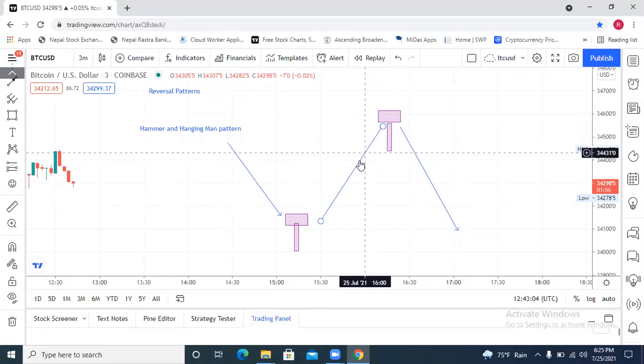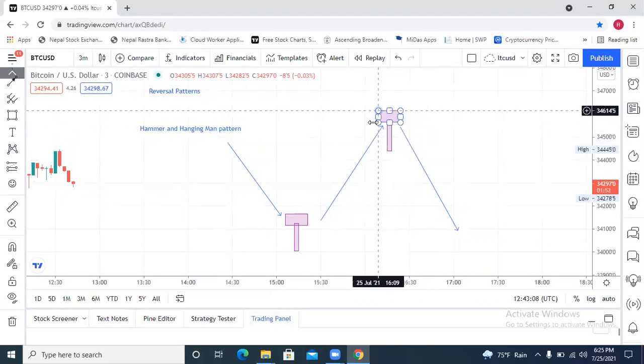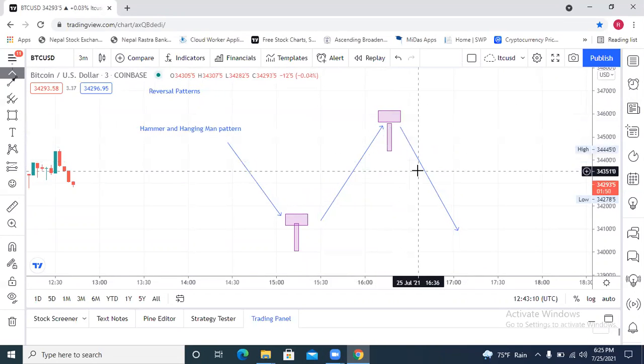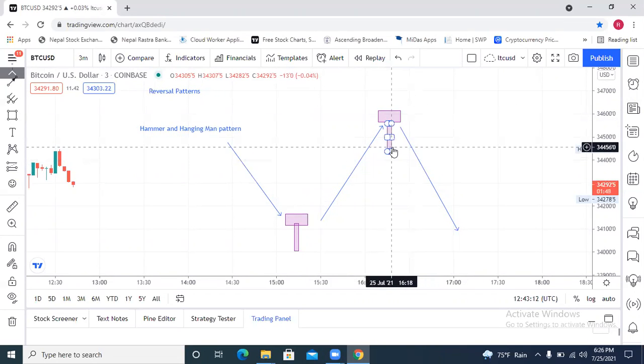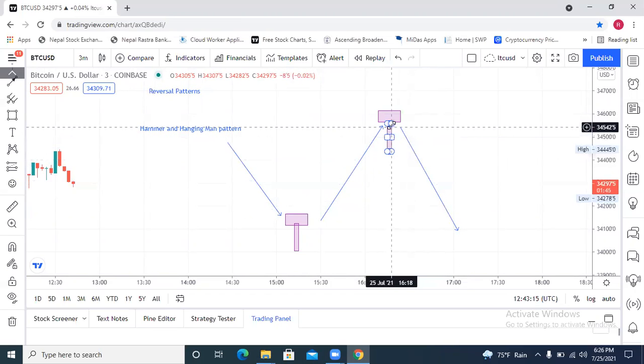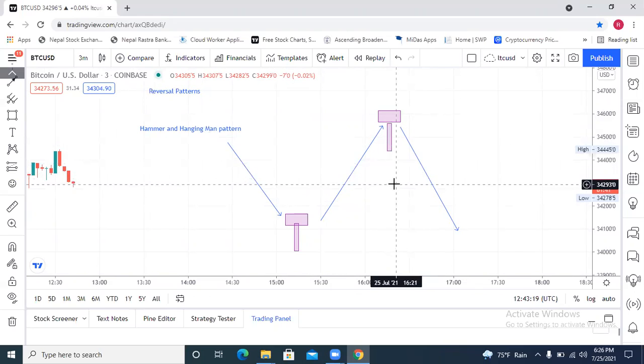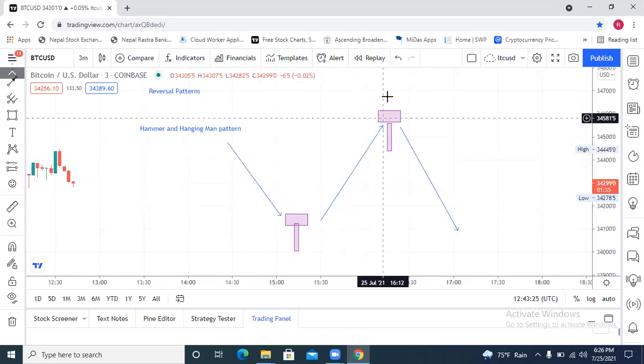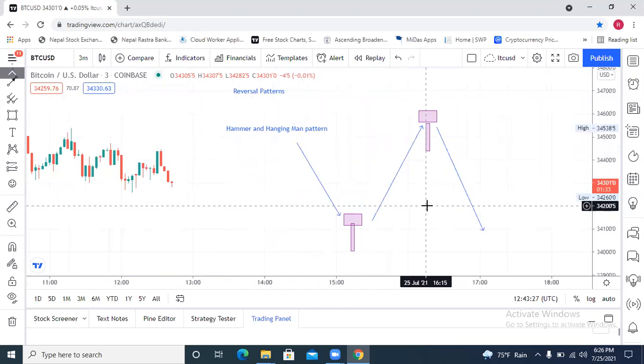So when a market is in an uptrend and there is this hanging man pattern, this shows a reversal. Again, the market is more likely to go down after you see this candle. This is a very powerful candlestick reversal pattern, the hammer and the hanging man.